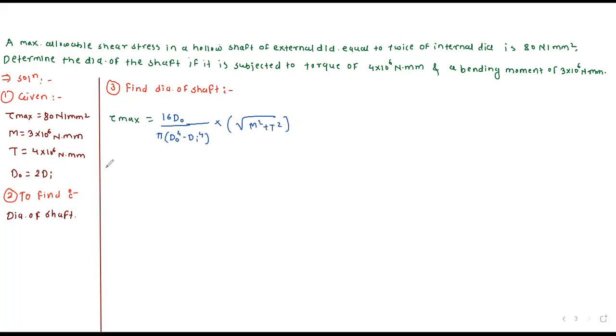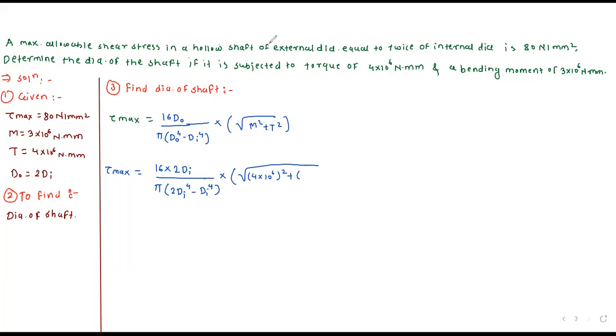Now we will put values here. Tau max is equal to 16 into D naught, and the value of D naught is 2 Di, divided by pi in bracket 2 Di raised to 4 minus Di raised to 4, into under root of M square plus T square.